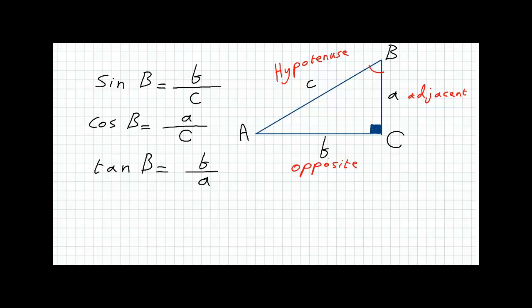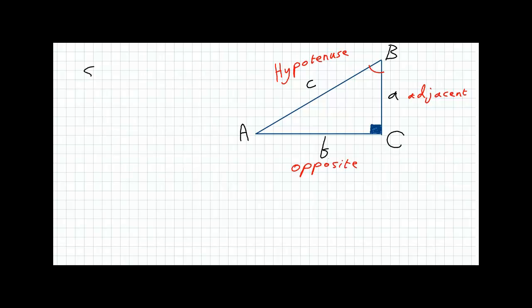So always remember that the sine ratio of an angle, for example B, is going to be equal to the opposite over the hypotenuse.